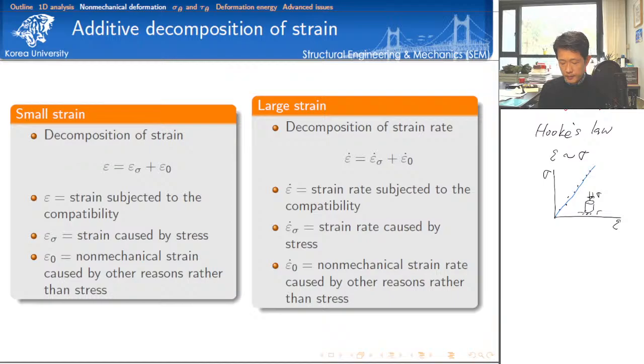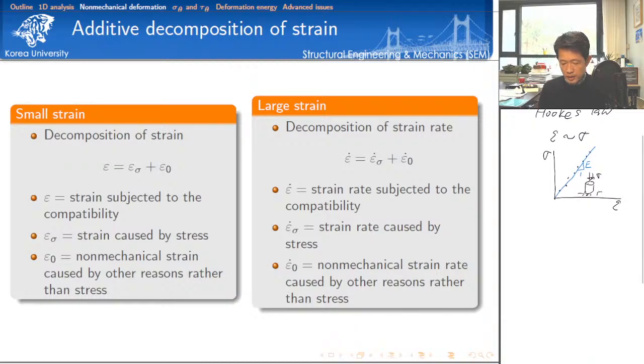The slope is nothing but the proportional coefficient in this relation. So according to Hooke's law, the stress is given by the elastic modulus times the strain. Or inversely, the strain is given by 1 over the elastic modulus times the stress.